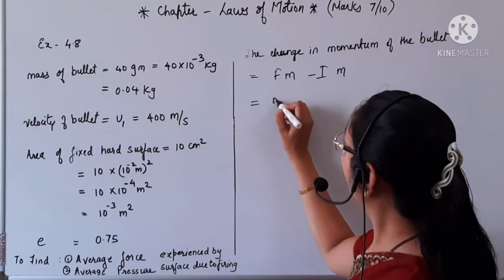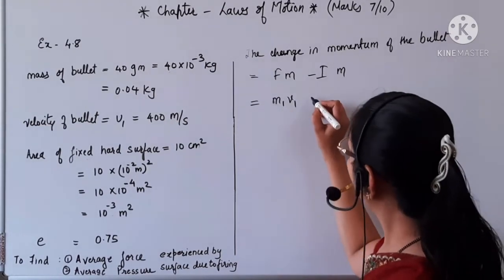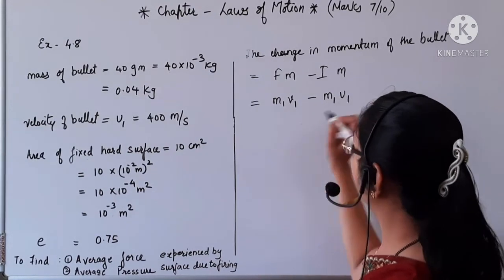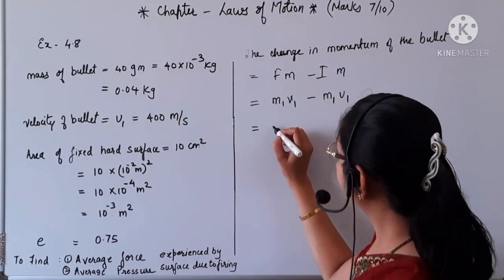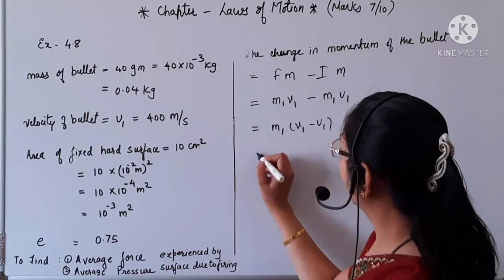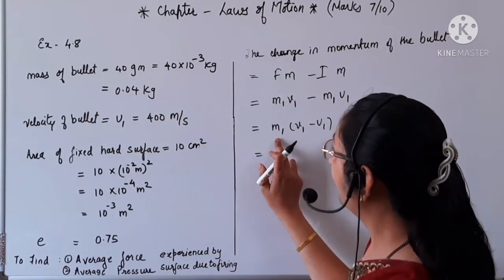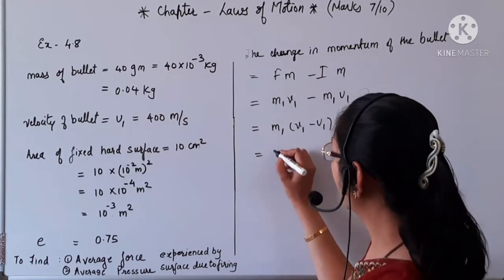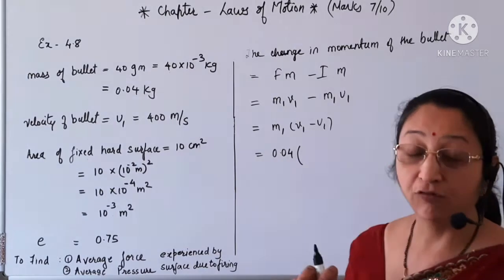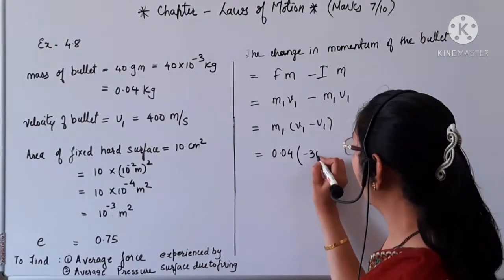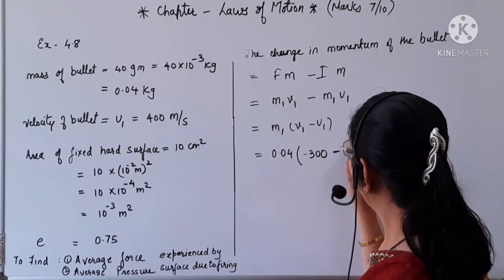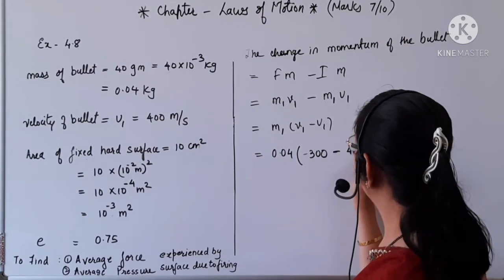That is equal to m1 v1 minus m1 u1, that is m1 (v1 minus u1). m1 is 0.04 kg, v1 is the final velocity, which is minus 300, minus 400.